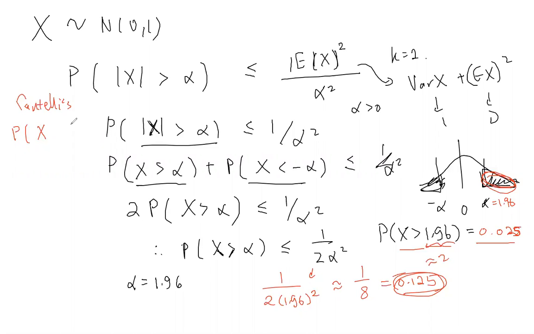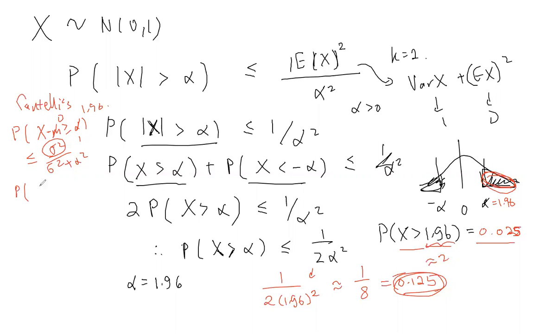So Cantelli, let's say you have this. Right. So here your mu is 0 and your alpha is 1.96, right? And your variance here is 1.